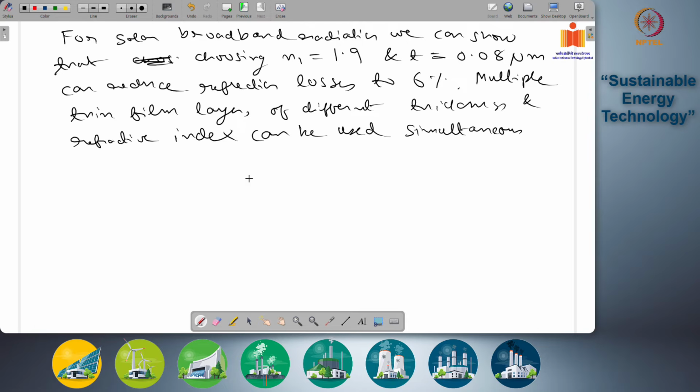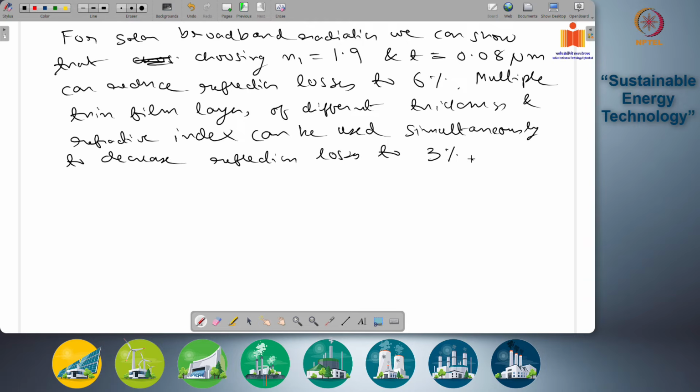Another thin film layer below it will specifically target another range of wavelengths, simultaneously decreasing reflection losses to 2%.